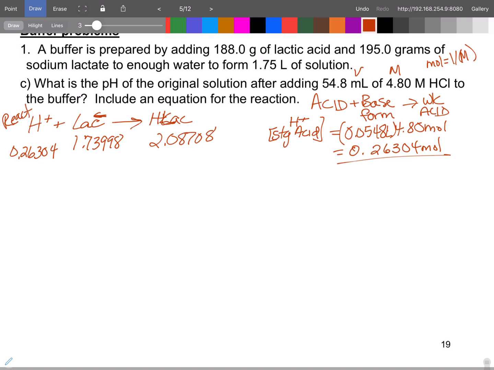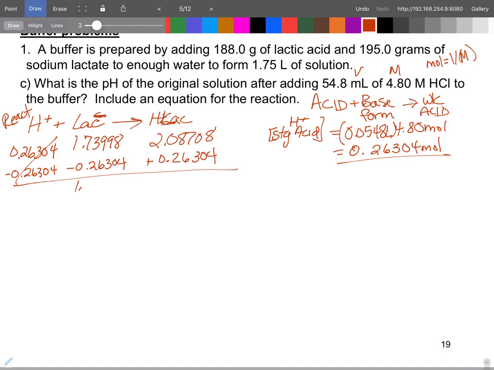So what's going to happen is you're going to lose all of the H plus as it reacts with the lac minus, and it's going to be gained on the opposite side. So net effect is that should drop out. If you get a value for that, you've done something wrong.